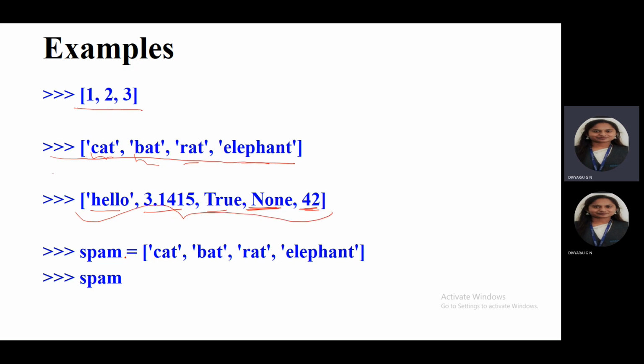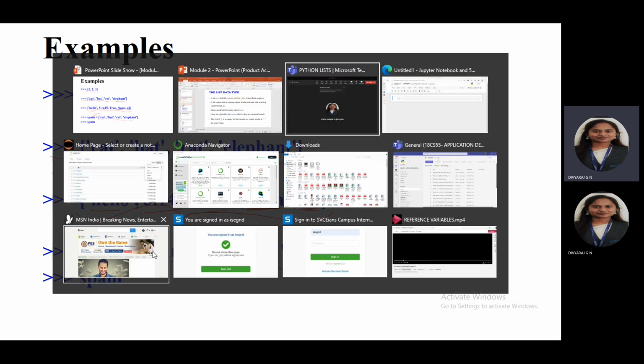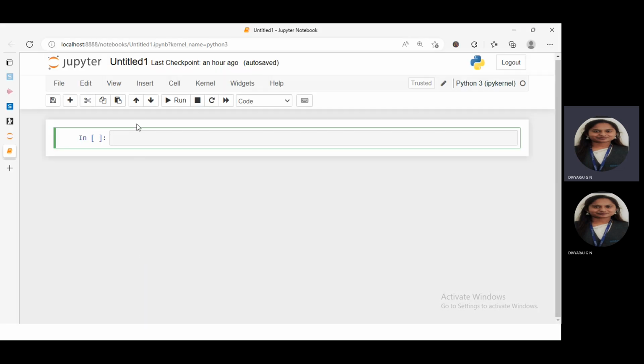See here, I can also store this complete list into a variable. So I'm storing this into a variable. If I want to execute this, spam is equal to cat, bat, rat.